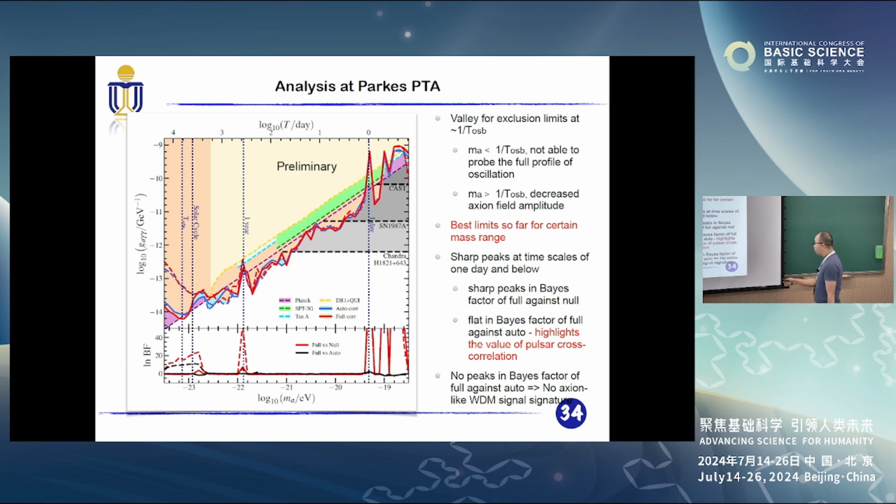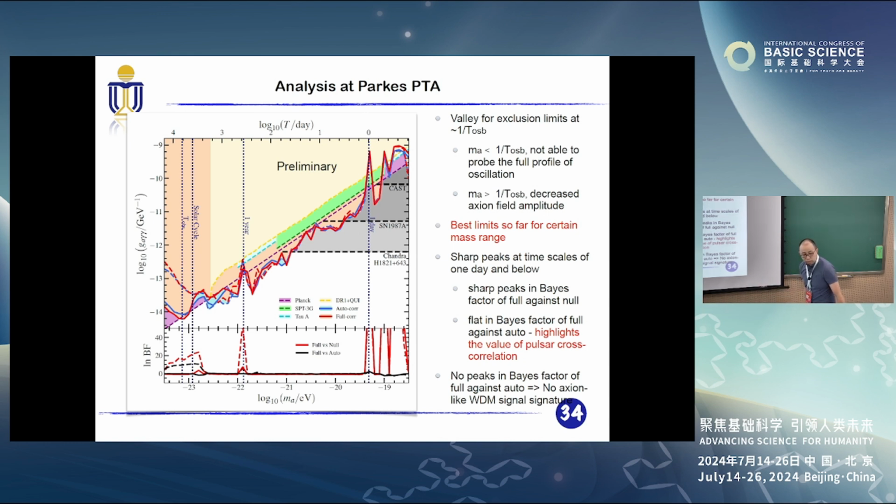And as discussed above, here we calculate the two Bayes factors: for the full correlation signal model against the non-signal model, and the full correlation signal model against the autocorrelation only model.